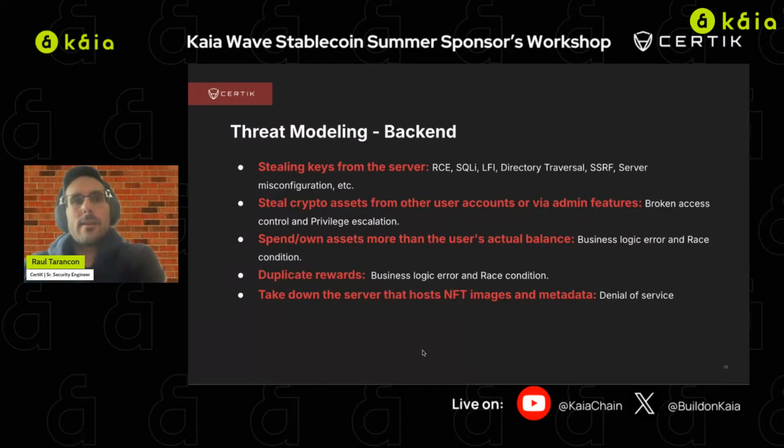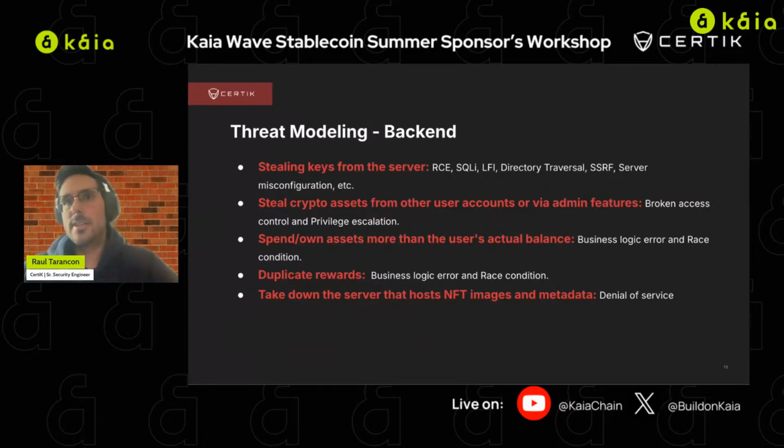The third one is spending and owning assets beyond the user's actual balance. This can happen if there is any business logic error on the backend, or if the backend is vulnerable to race conditions. The fourth threat is duplicate rewards.